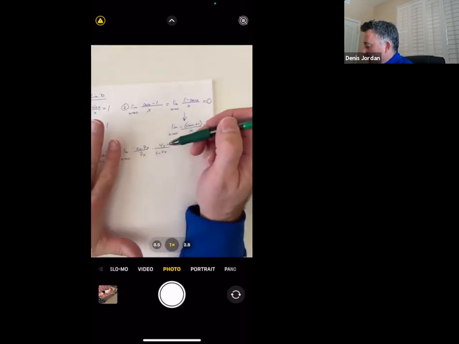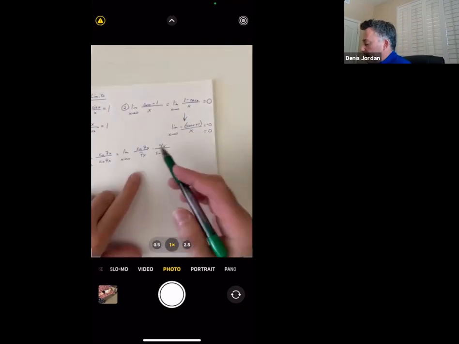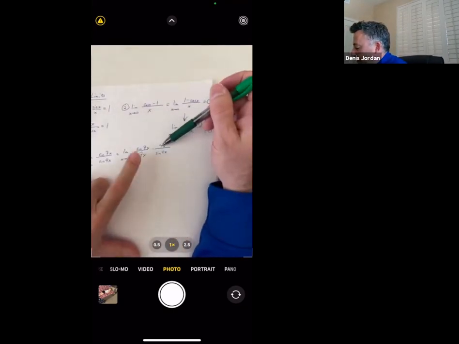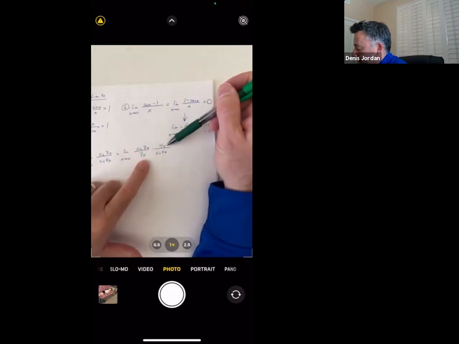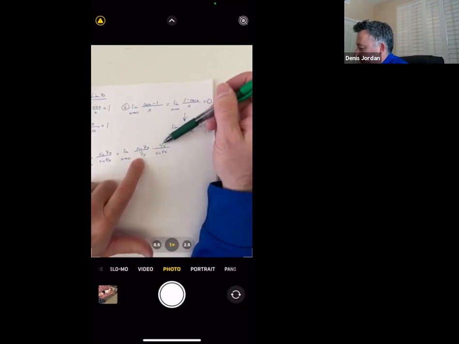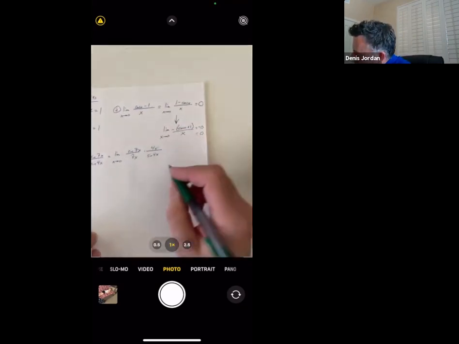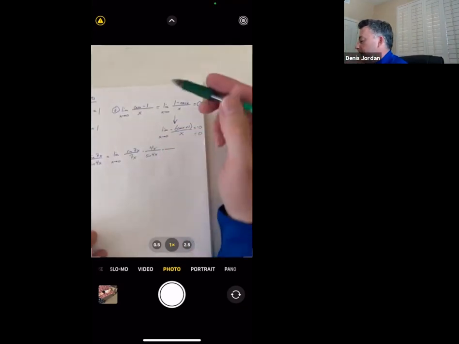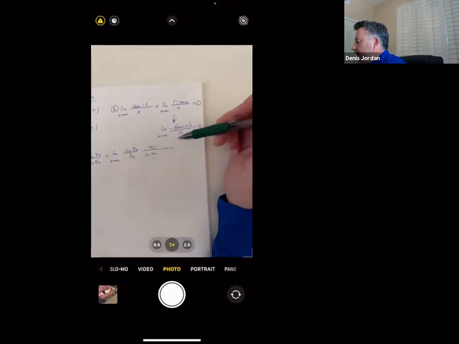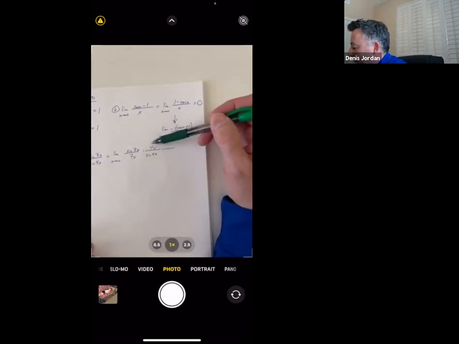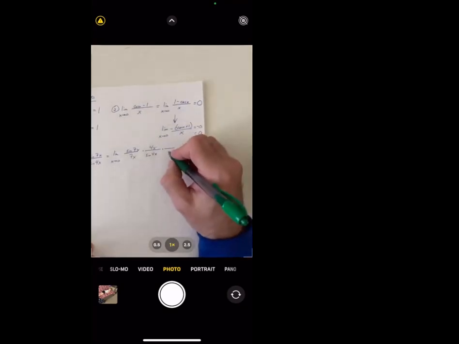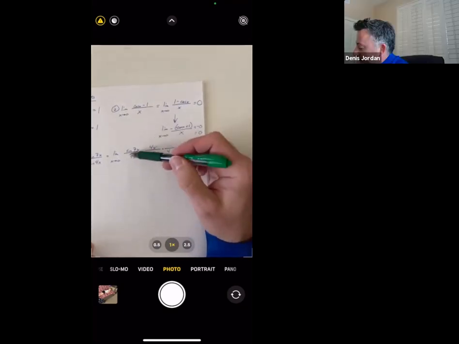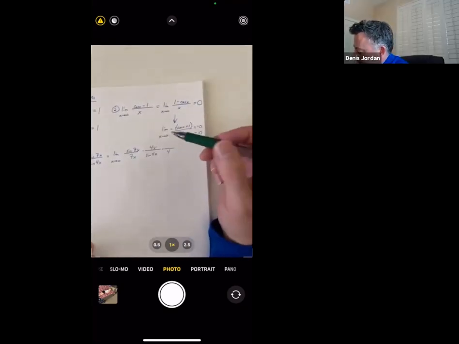So we're a little bit off, and we're only off by the 4 and the 7. You have the x's there, an x on top and an x underneath, so that's okay. It's just their coefficients that they're lacking. So to take care of that, we're going to have a third little fraction. If you put a 4 on top, where else do you have to put a 4? On the bottom. And if you put a 7 on the bottom, where else do you have to put a 7?